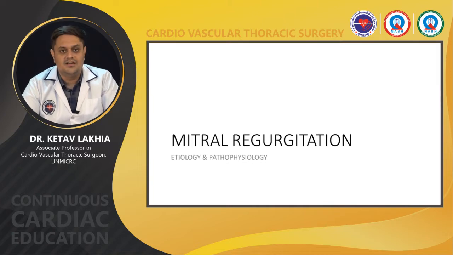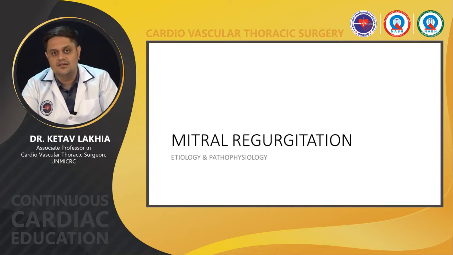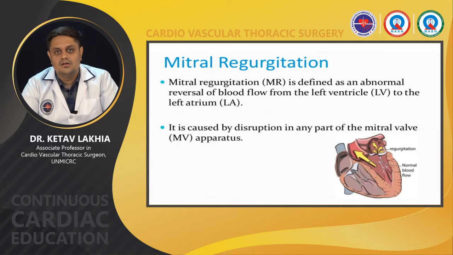Starting with the etiology and pathophysiology of mitral regurgitation. Mitral regurgitation is defined as an abnormal reversal of blood flow from the left ventricle to the left atrium. It is caused by disruption in any part of the mitral valve apparatus which we have seen previously.